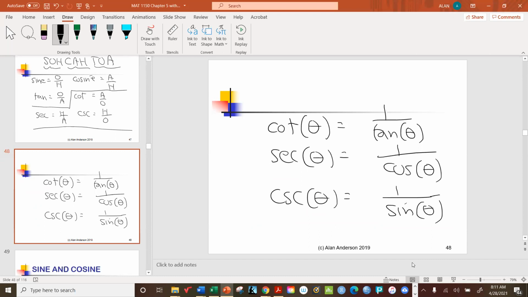Now, by the way, if you have one of the Texas Instruments calculators, especially the TI 83, 84 series, you can actually calculate all these trig functions right on the calculator. If you get your hands on that calculator and you try one, let's say, for example, you're curious to know what is the sine of pi. You just hit the sine button. There's a pi button on here somewhere. Oh, here it is. It's the second function.